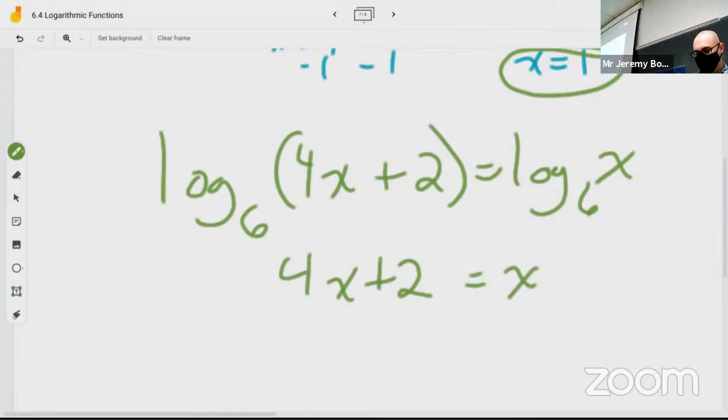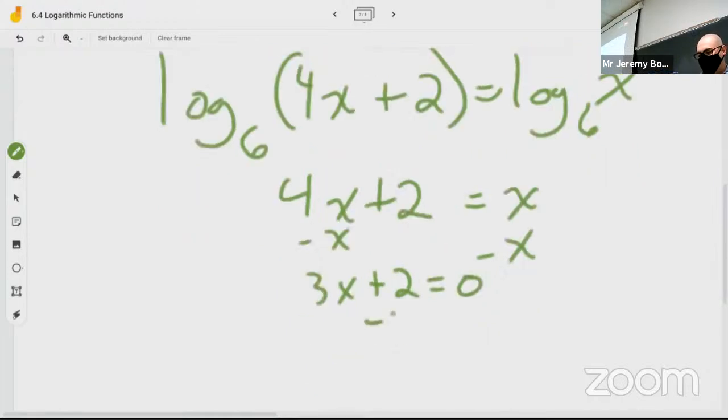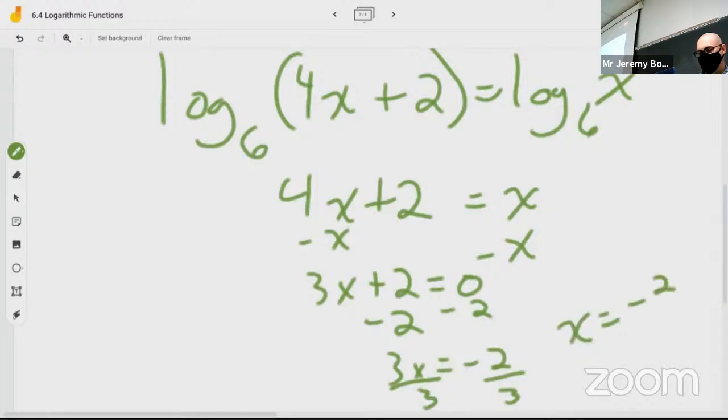So if we solve that, let's see if I did this in my head right. We have 3x plus 2 is equal to 0. Let's subtract 2 from both sides. We get 3x is equal to negative 2. Divide by 3. We get x is equal to negative 2/3.